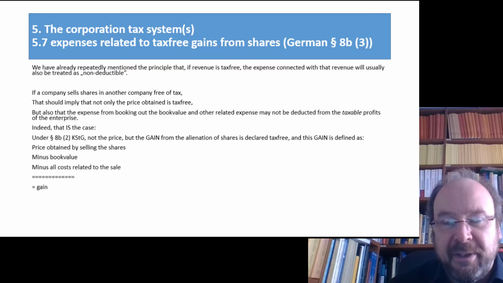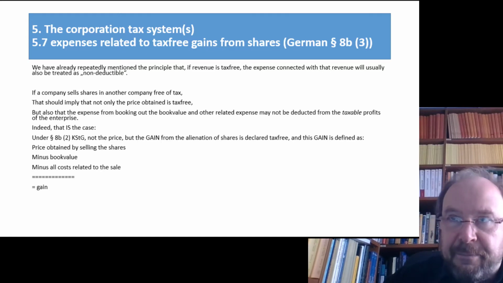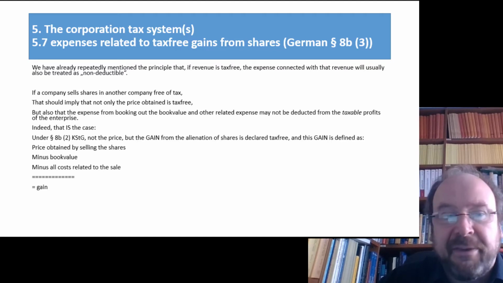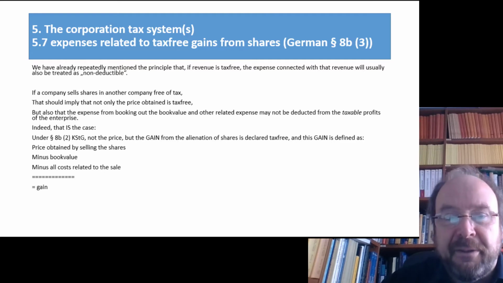So only the net result is regarded as the gain and only the net result is tax-free. By that formula, automatically it is ensured that the book value and the costs of the transaction lower the tax-free amount and not taxable other amounts.